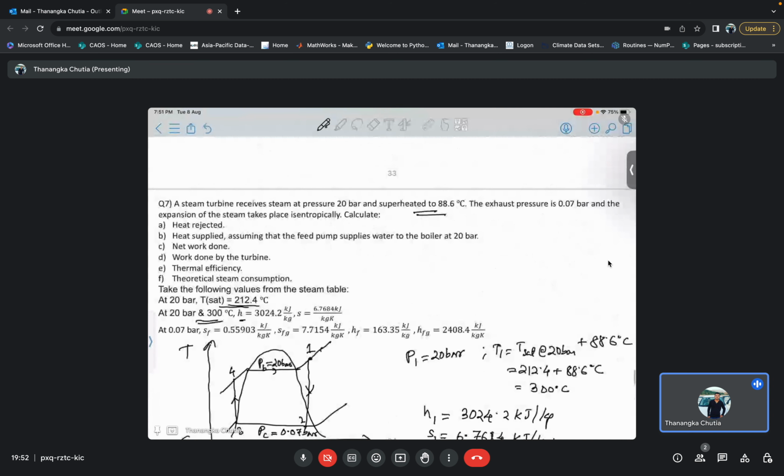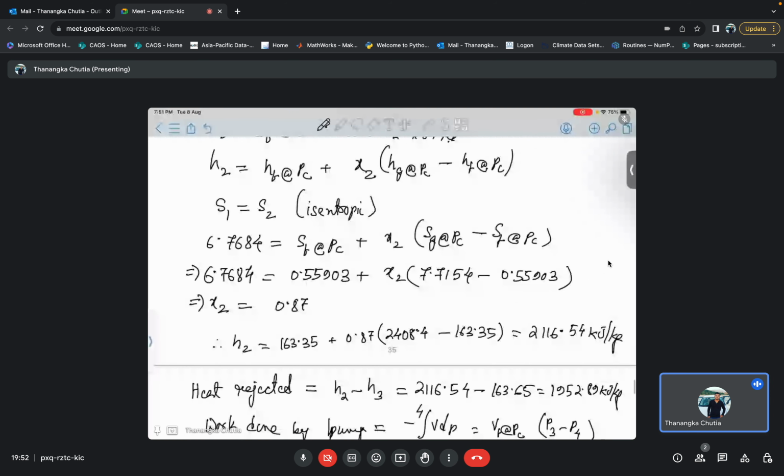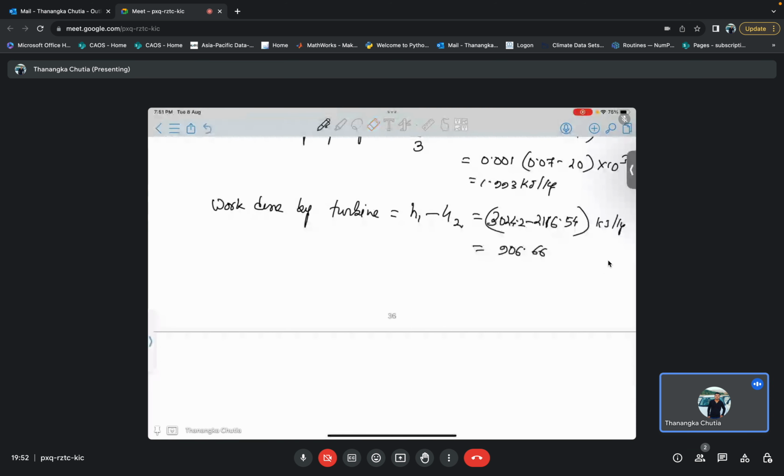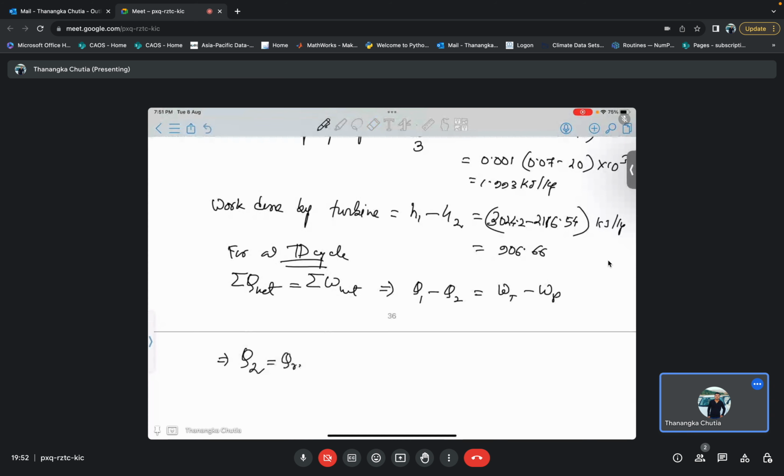From the thermodynamic cycle we know that the summation of Q net is equal to the summation of W net for a cycle. Q net is Q1 minus Q2, and W net is WT minus WP. So Q1 is equal to WT minus WP plus Q2.